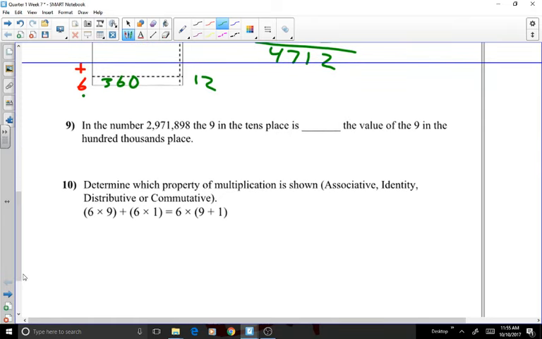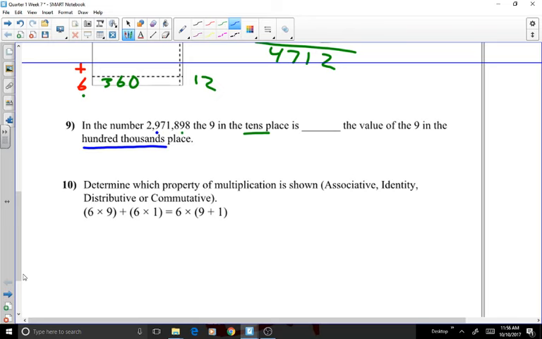Number 9, in the number 2,971,898, the 9 in the tens place is blank the value of the 9 in the hundred thousands place. 2 different ways we can solve this. First way. Is the 9 in the tens place larger or smaller than the 9 in the hundred thousands place? Haley.